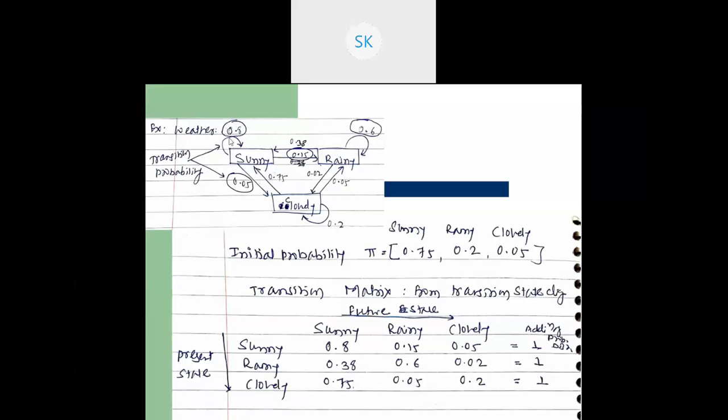Transition probabilities and observation probabilities are also given. For this problem statement, same problem: you are in the room, you do not have access to the outside. Let's solve the observation. You are predicting what will be the present state or the future state.